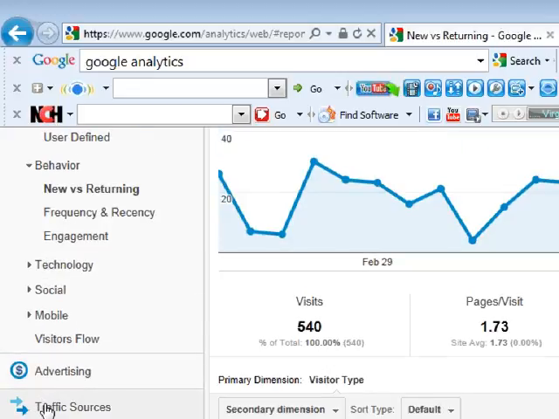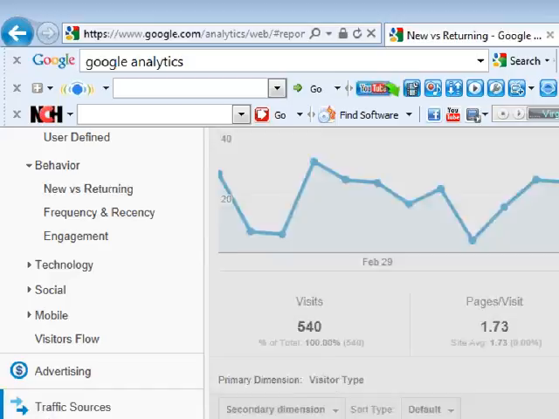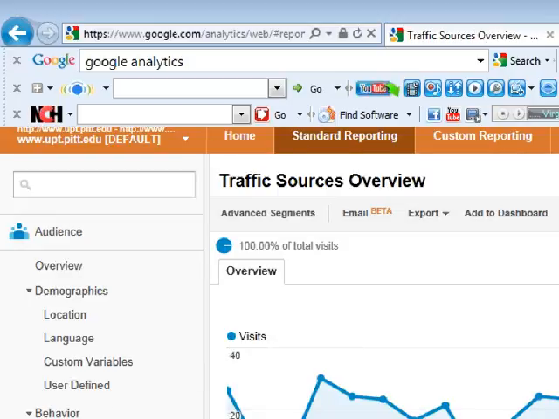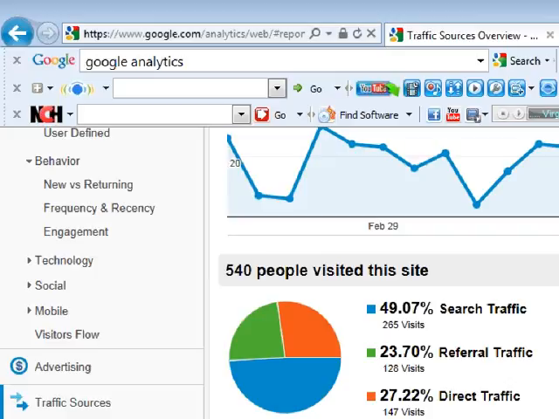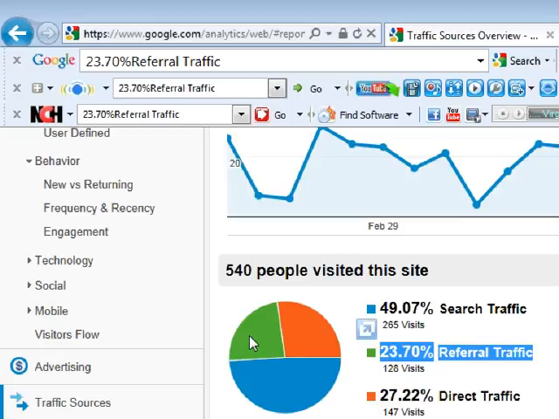Now, let's jump down the menu and go to traffic sources for a minute. Let's do an overview of where people are coming from. And what I also pay attention to in marketing is where are they looking at us from the website. So referral traffic, 23% right here is coming in from referral traffic. It might be other smaller directories that we have them on.